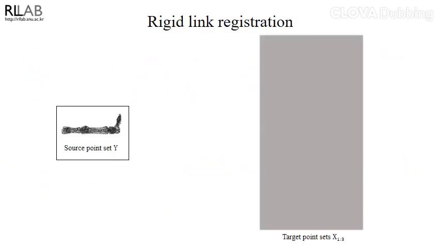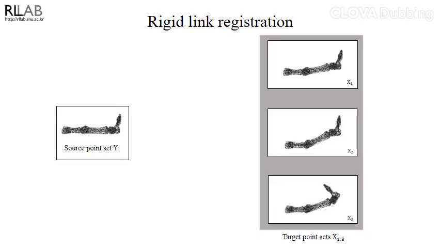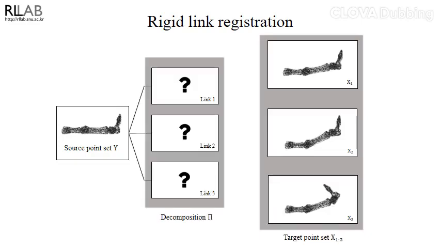This is our proposed method. Our ultimate goal is to decompose the source point set Y into several links. To enable this, we additionally need target point sets x1, x2, and x3. We will decompose the source point set into 3 links. To apply transformations to the decomposed links, we will recover the point set x1.